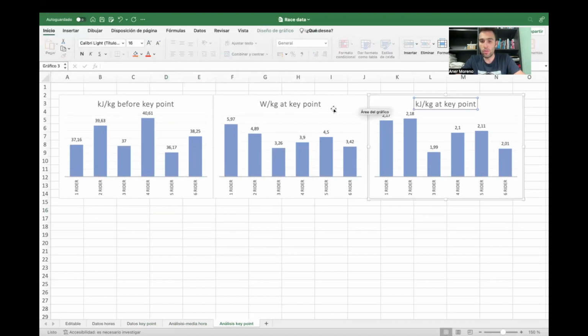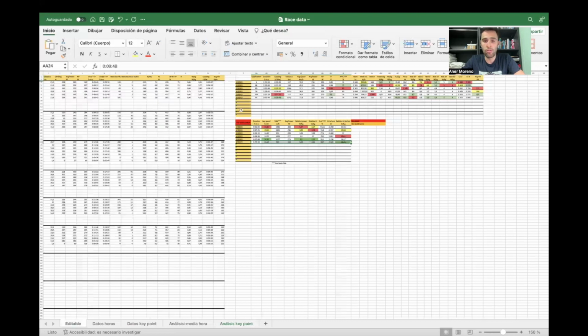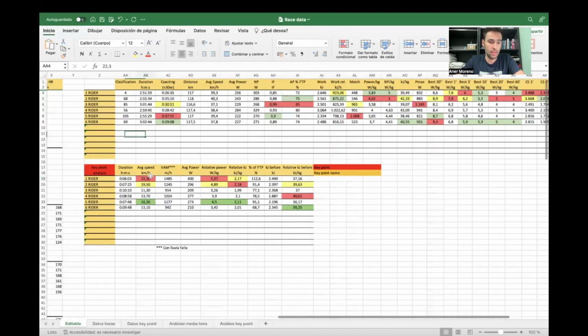Also, the key point, as we can see and as is expected from the place, he was fourth in the race. So the last climb was in less time than the other riders. Okay, the duration of the climb.